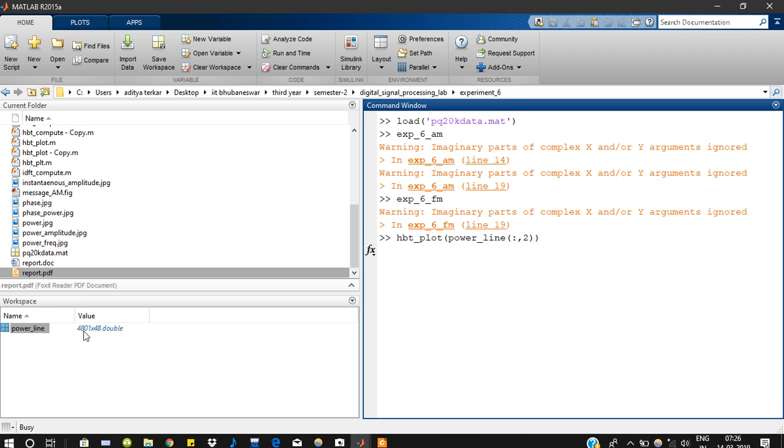The data length is 4801, so it is going to take quite a lot of time for the computer to perform the DFT and get the outputs. However, one can always use FFT and IFFT, which is basically the same implementation of DFT. However, the order is n log n, so you'll find a faster implementation of it.